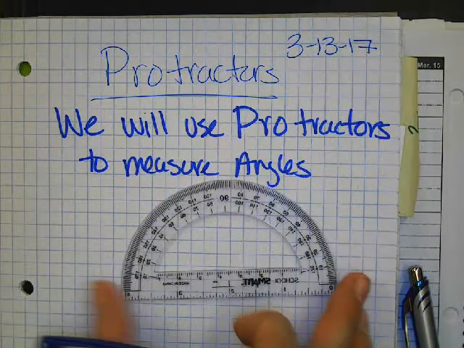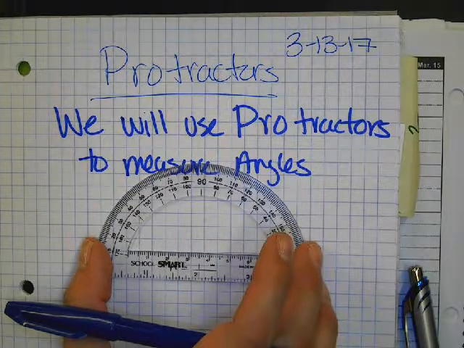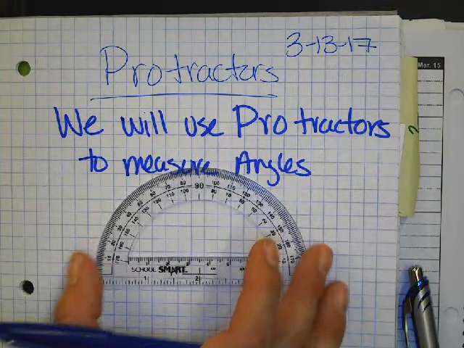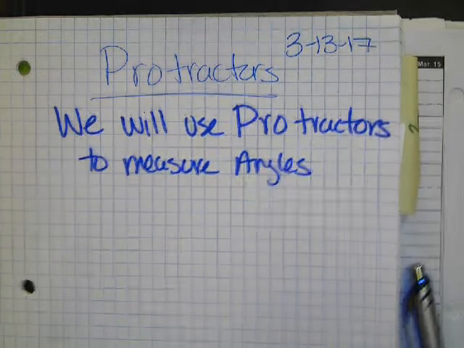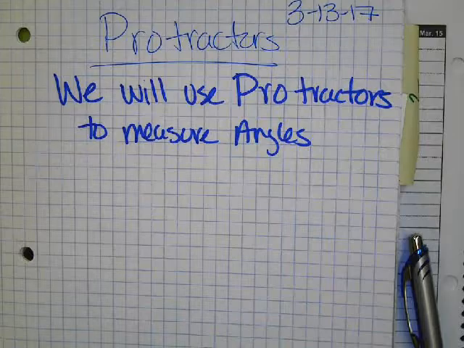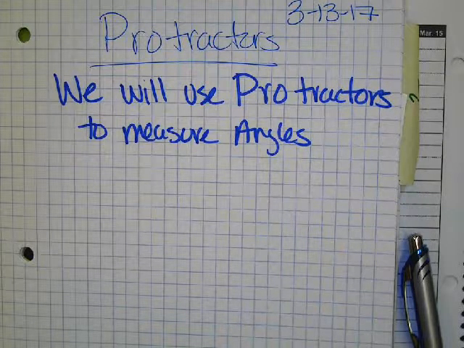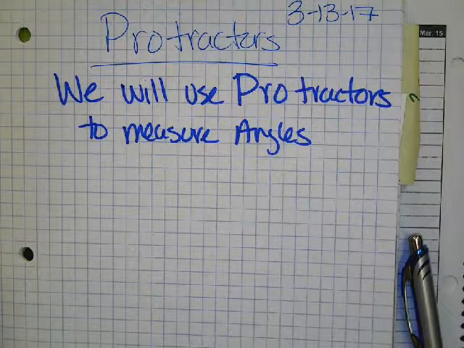How many of you guys have used a protractor on Alex? Good, good. All right. So now you're actually gonna use one in your hand, which is perfect. Now I believe you guys have been exposed to angles before. We'll see. All right.